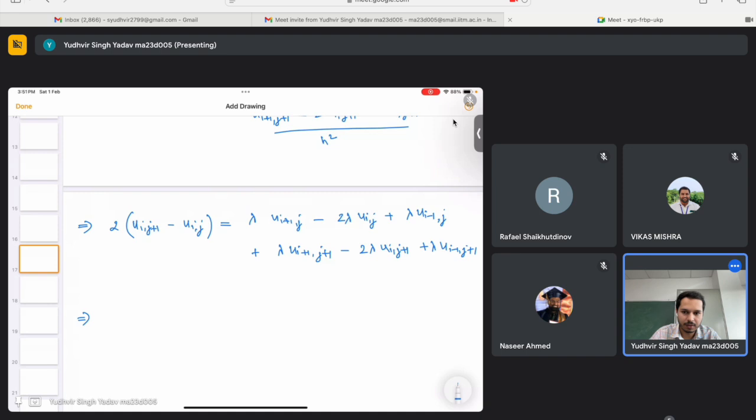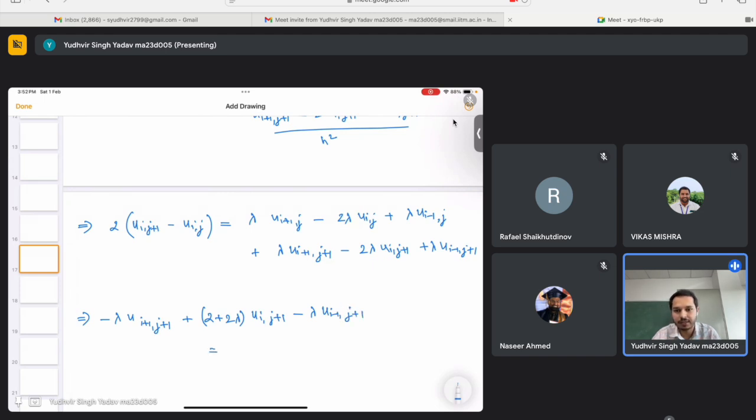Now, taking the j plus 1th level terms on the left hand side, we will get minus lambda u i plus 1 j plus 1 plus 2 plus 2 lambda, taking it common, times u i j plus 1, and minus lambda u i minus 1 j plus 1.